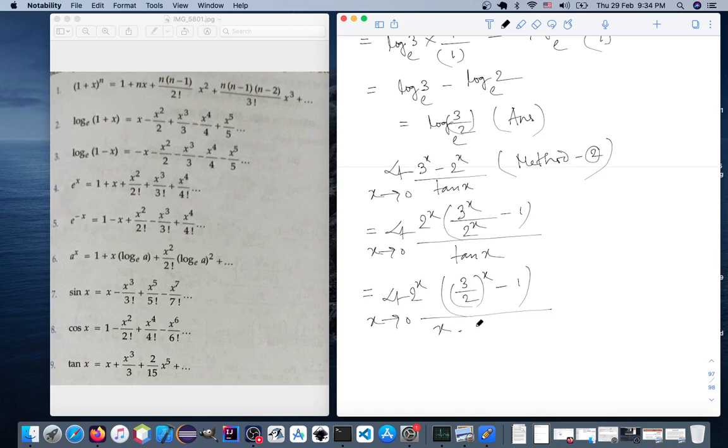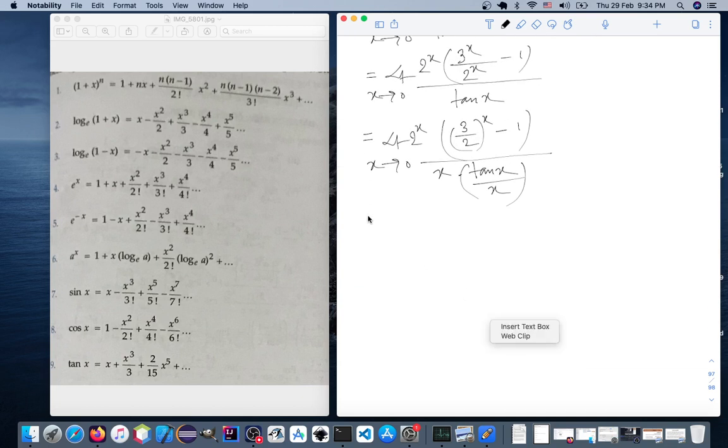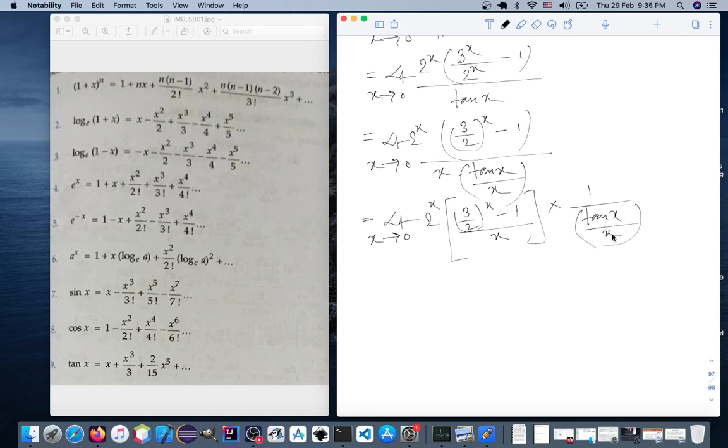So I will add an x here, tan x, and I will adjust this x by writing this. So now this is 2 to the power x. Over here we have x, and over here we have tan x by x, which will be 1.